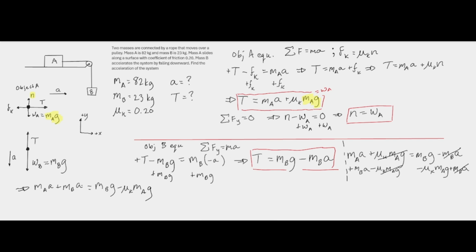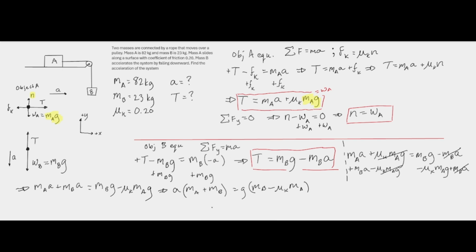And then I'm going to factor out the little a and little g from both sides. So a factored out is times the quantity, the mass of object A plus the mass of object B, and g is multiplied by the quantity m sub B minus mu sub k times the mass of object A.